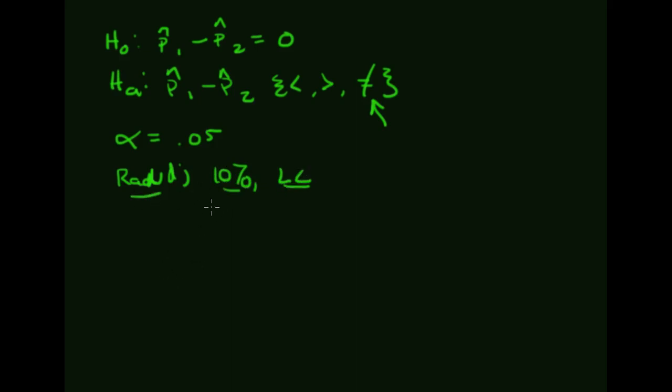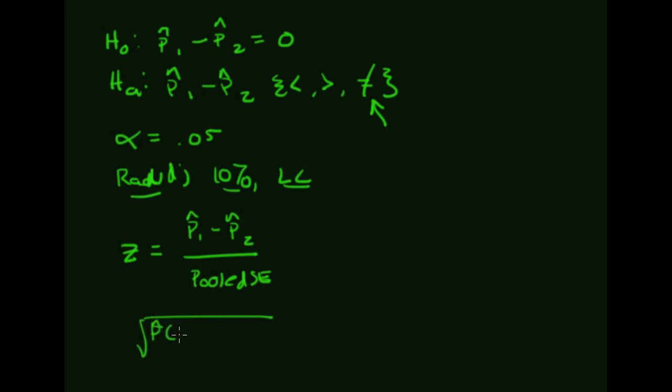So for our test statistic, our z-score is literally going to be p hat 1 minus p hat 2 over our pooled standard error. The pooled standard error is now going to be the square root of p hat times 1 minus p hat over n1 plus p hat times 1 minus p hat over n2. Note these are p hats and not the p hat 1s and p hat 2s.